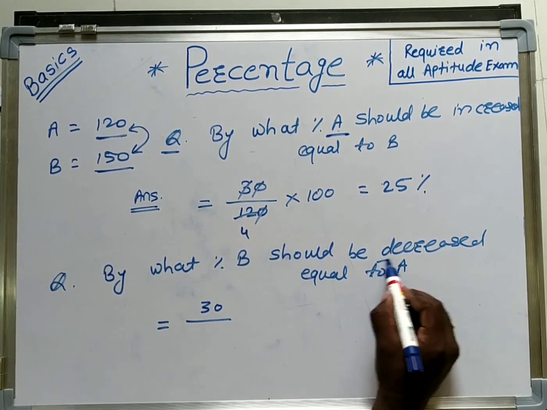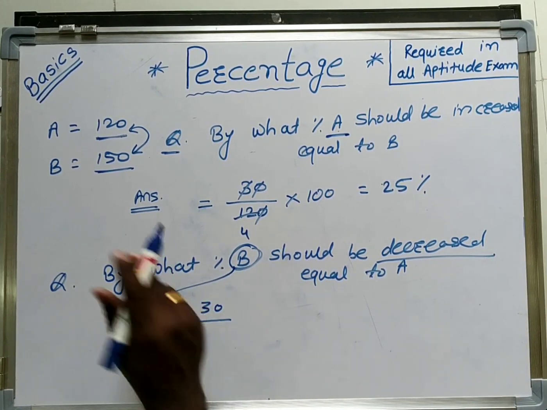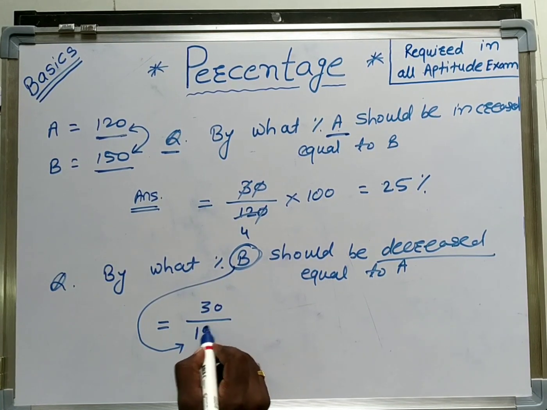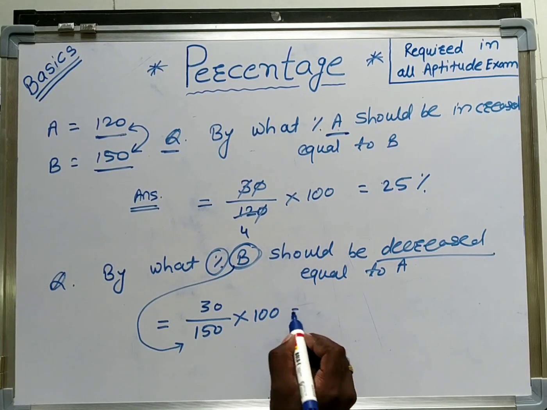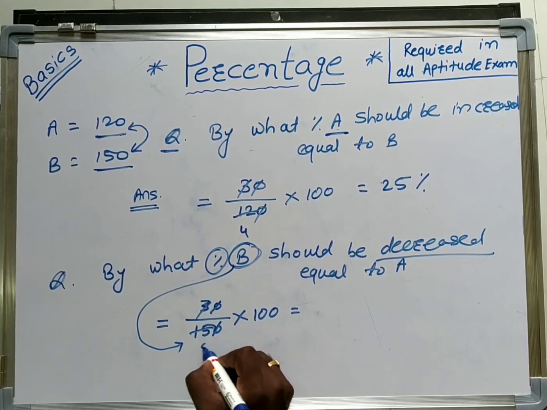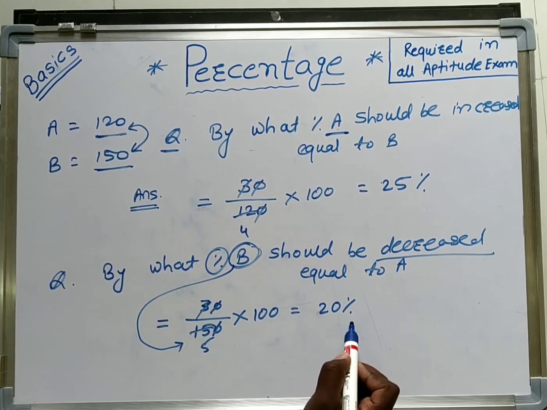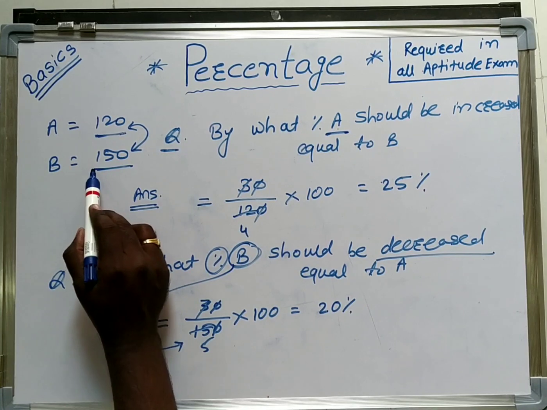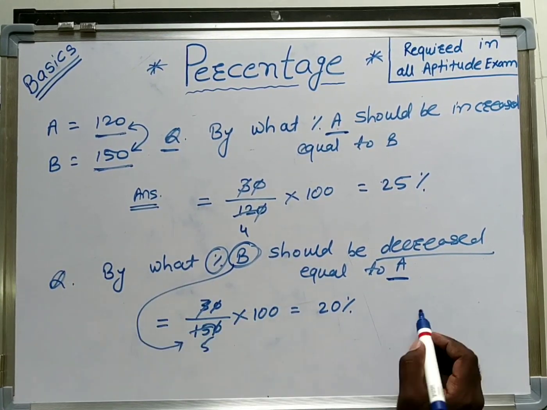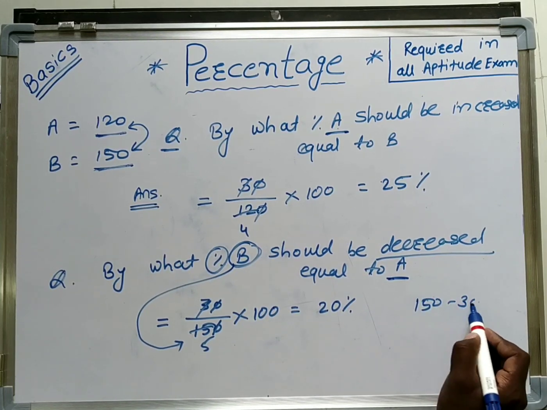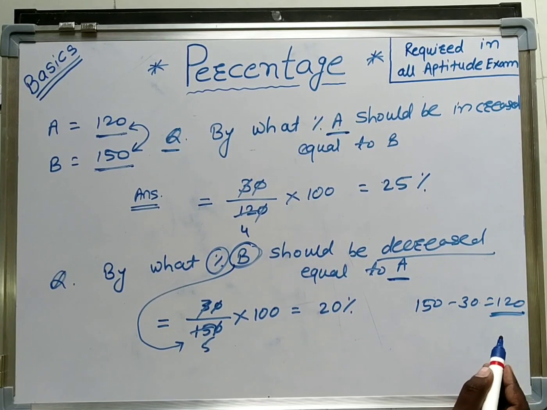Who is going to be decreased? B. So take the value of B in the denominator. What is the value of B? That is 150. We have to calculate the percentage, so multiply by 100. The zeros cancel, 3 5s are 15, and the answer is 20%. So B should be decreased by 20% to equal A. Means 150 minus 30 equals 120, and we get the value of A, that is 120.